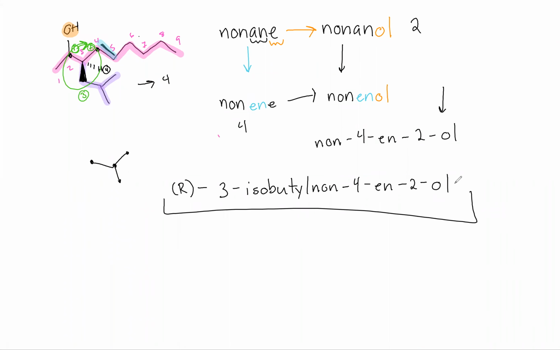So the last topic I want to cover today has to do with lithium aluminum hydride. The main thing about lithium aluminum hydride is it gives off a lot of hydrogens. It donates a lot of hydrogens to everything it can.